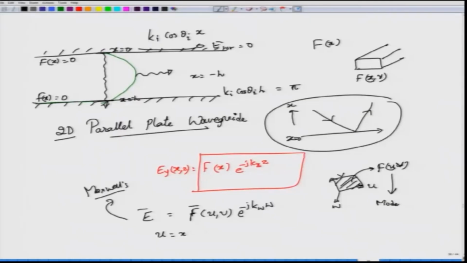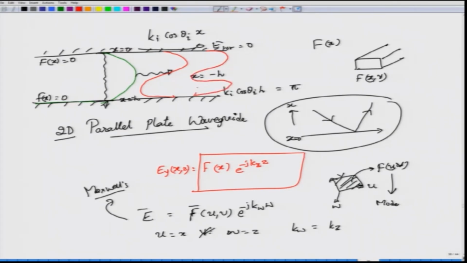In the case of a parallel plate waveguide, u was x, v was really not required for us because this was a two dimensional parallel plate waveguide, and then w was equal to z. So, kw, which is the propagation constant, is actually equal to kz, right. And these patterns which I drew, as I told you, I can draw one pattern that way, I can also draw another pattern, right. So, this pattern would also be another mode, and then I can draw three patterns.